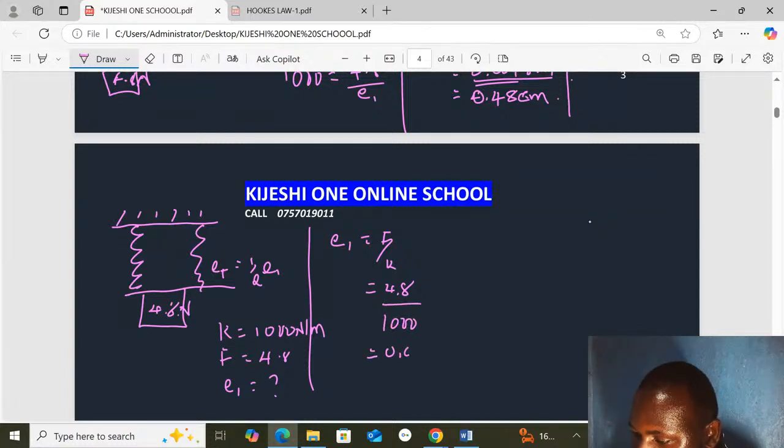And this is 0.0048 meters, which is equivalent to 0.48 centimeters.